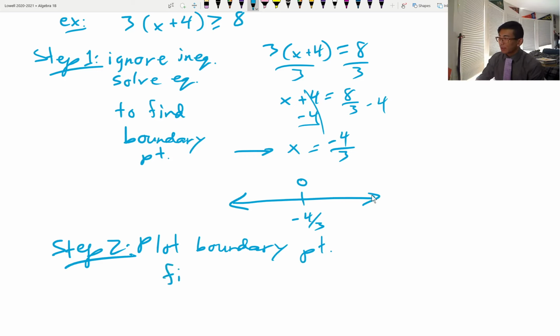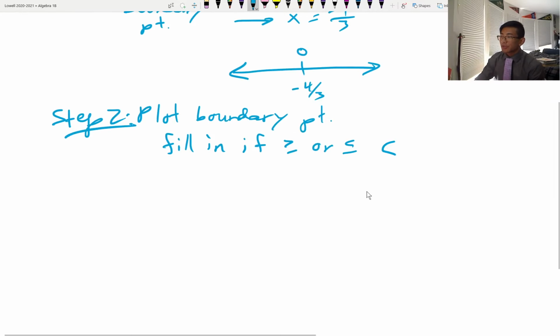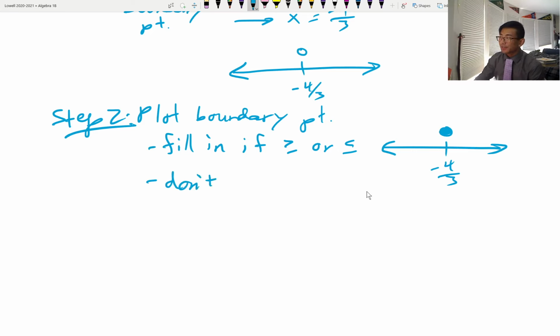Well, remember we talked about how we fill in the boundary point if your sign is greater than or equal to or less than or equal to. In this scenario, we have an or equal to, so we will fill that in. So we have negative 4 thirds, and we'll fill that in. I'll make it really big and obvious for now. You don't fill it in, remember, if it's strictly greater than or strictly less than.